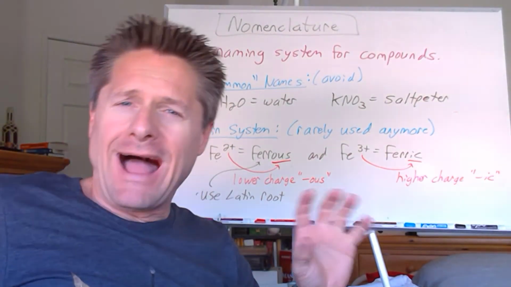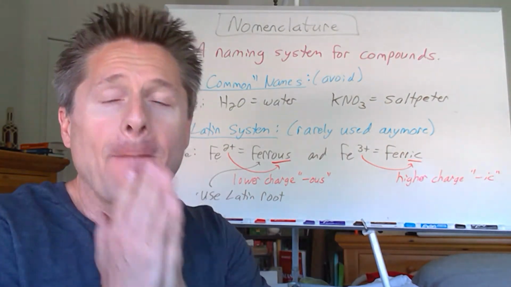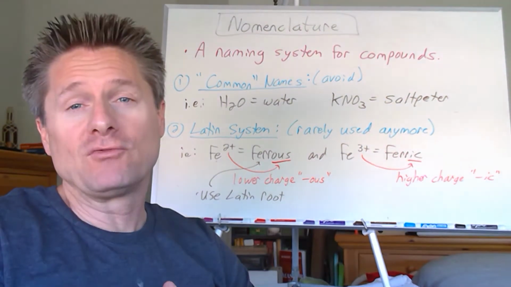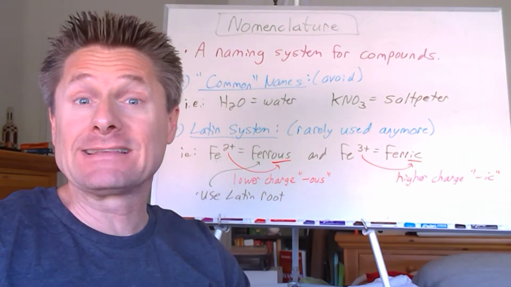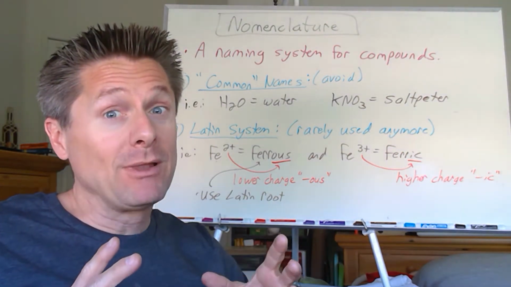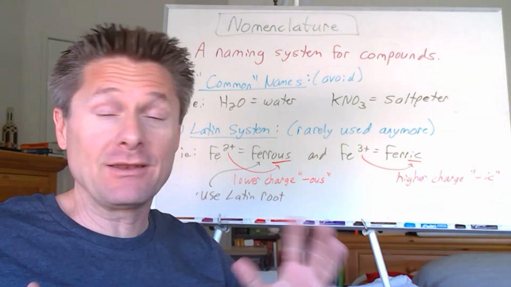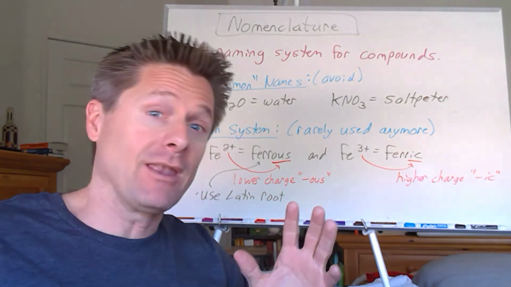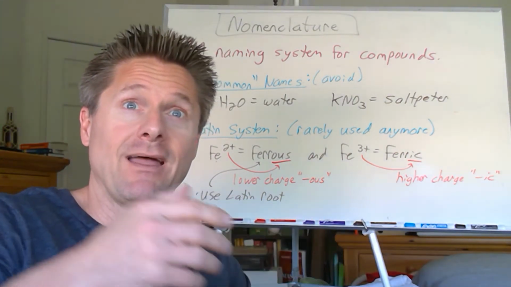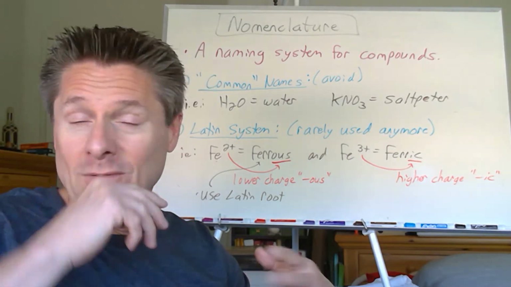Now that we've covered oxidation numbers and how to figure that out, we can utilize that for really the key for most of this chapter: how do we name something. That's kind of important because if we don't speak the same language, problems happen, right? If your pharmacist is talking a different language than you, and you say you need this, but they read things differently than you do, and you're both correct.